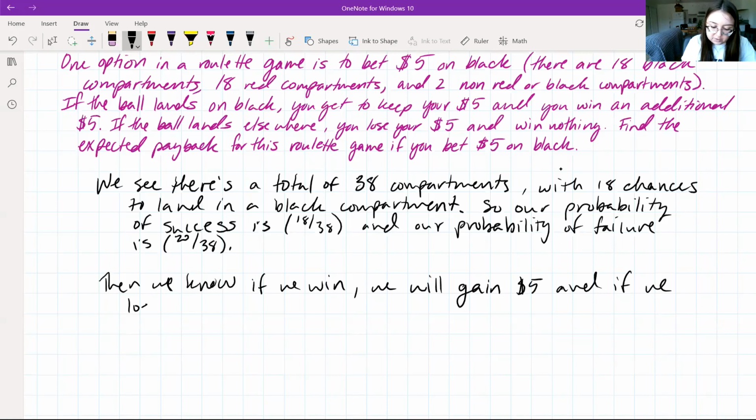And if we lose, we will lose $5. So let's use our expected value formula.